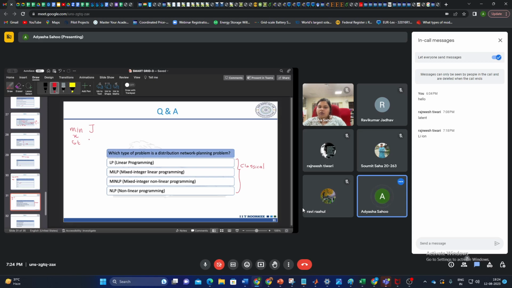So we'll be having some equality constraint. Those are a function of the variables. So these are f of x, an equality constraint, and we'll be having inequality constraint.